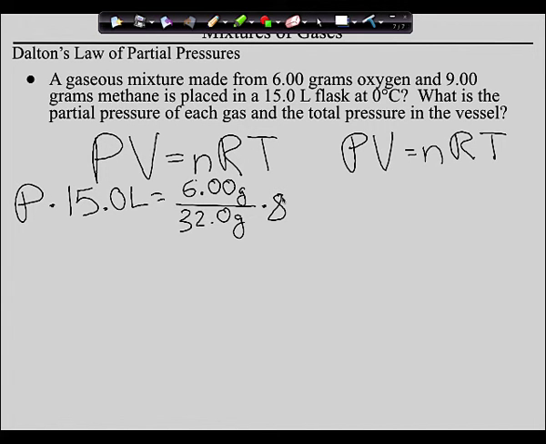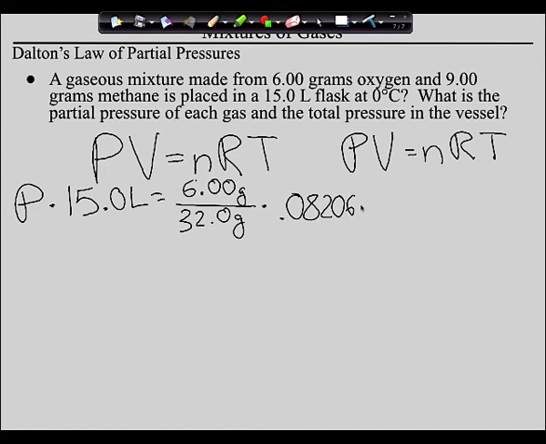So which is the right value for R? I guess it's up to us, right? We could use 8.31 or 0.08206. If we use the 0.08206, it would give us the pressure in atmospheres, so I'm going to do that. So 0.08206, and guys, we should put units on that, but I don't have space.